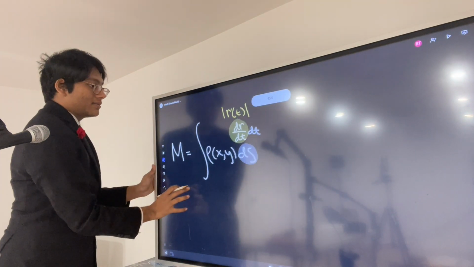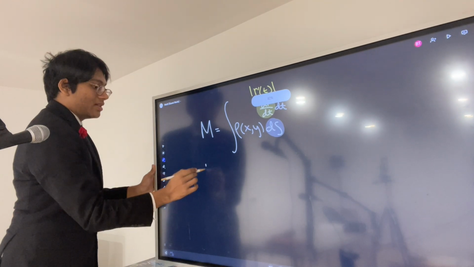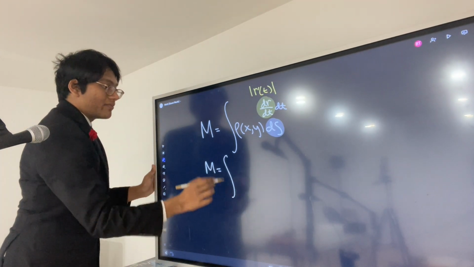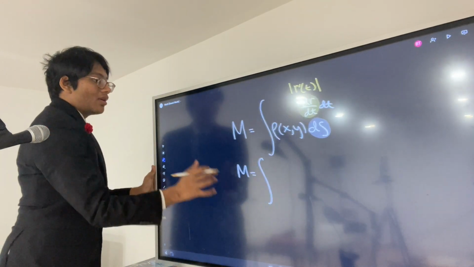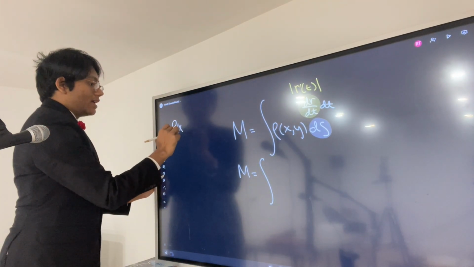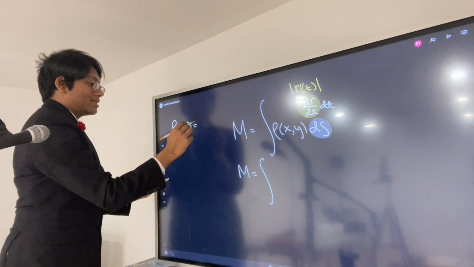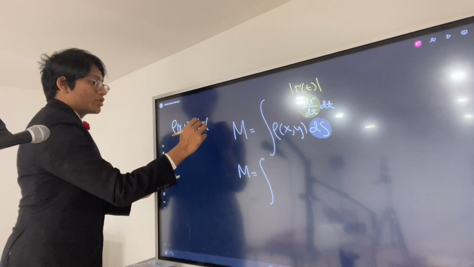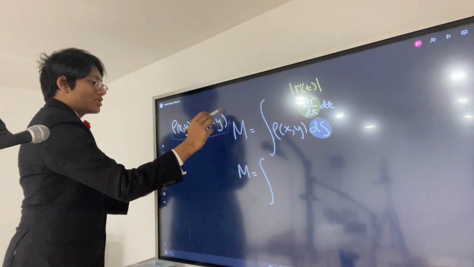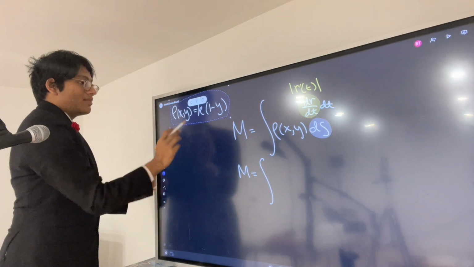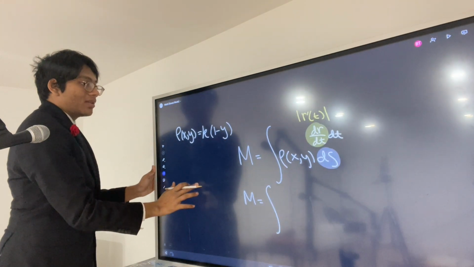My mass, let me put it over there. My mass is my integral of my density function. What is that going to be? Well, recall that rho is simply a function of y in this case. It's k, my constant of proportionality, times 1 minus y. So this is the density function that I have to keep in mind while I'm doing my integration and all my other math.